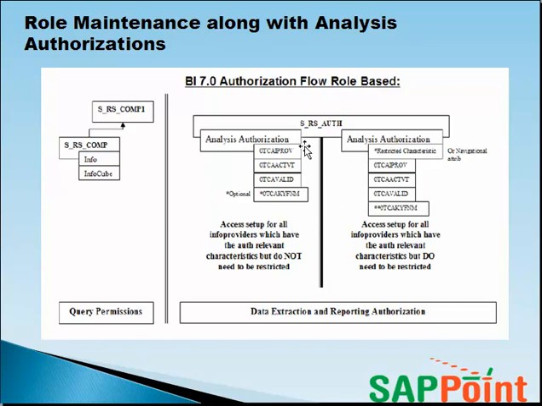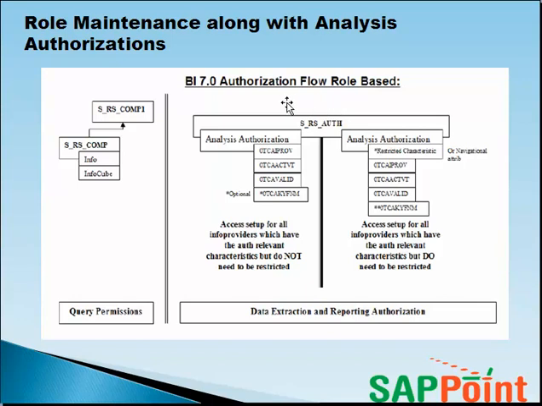What it means is that in BI7, for reporting purposes, we no longer need those objects as supporting objects. Instead, SAP has introduced a new object called S_RS_AUTH, which you include in the role and assign the analysis authorization to the user through this object.